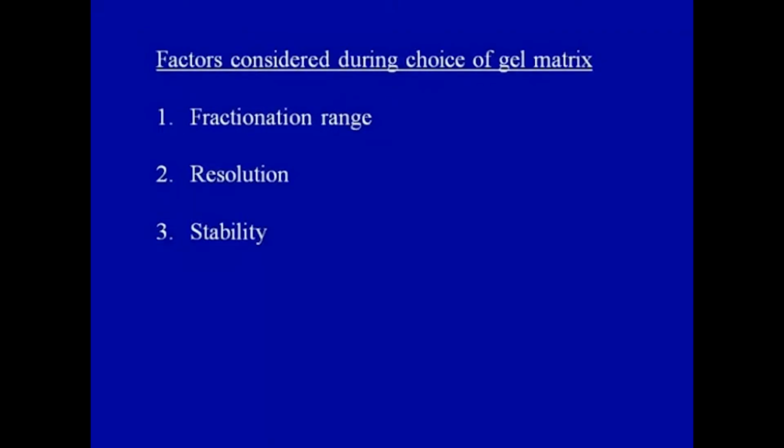Then you have to consider resolution. For higher resolution, smaller beads should be utilized. They will give better resolution because molecular diffusion is lower and there is less zone broadening. However, smaller particles give higher resistance. So, you have to use, say, high performance chromatography or very good pumps for that purpose.